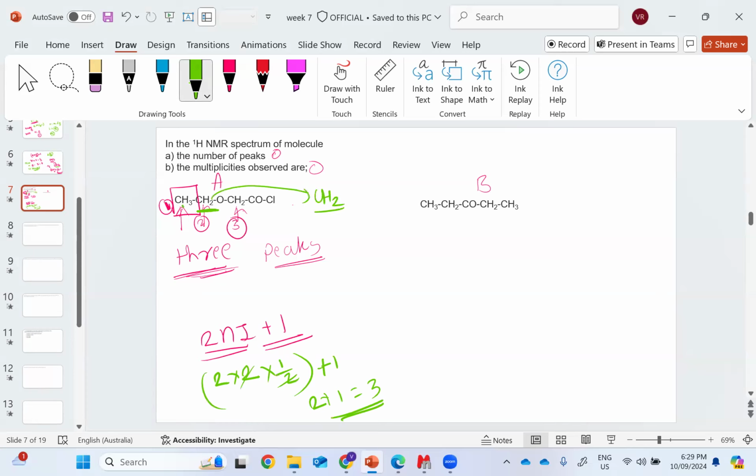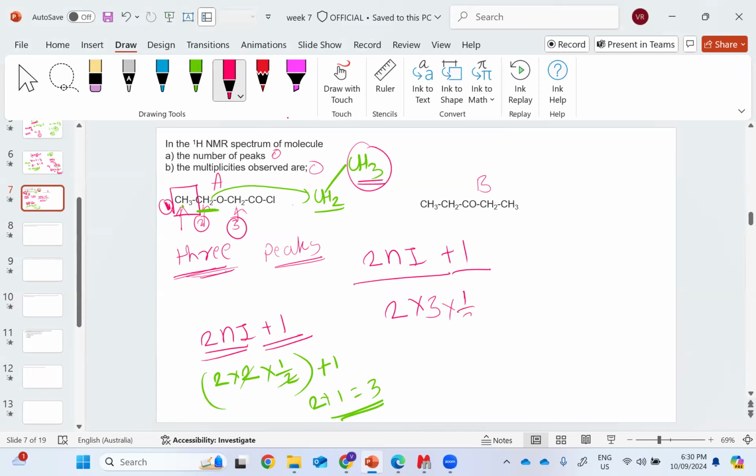Similarly, let's calculate for this CH2. This CH2 has the neighbor CH3, so total n is equal to 3. If you calculate with the same formula 2nI plus 1, it will be 2 multiplied by the number of hydrogens, which is 3 hydrogens, and the I value for this proton is 1/2, and again plus 1.